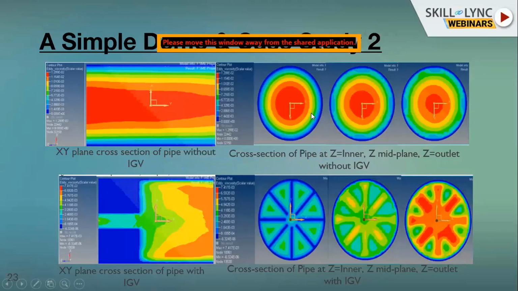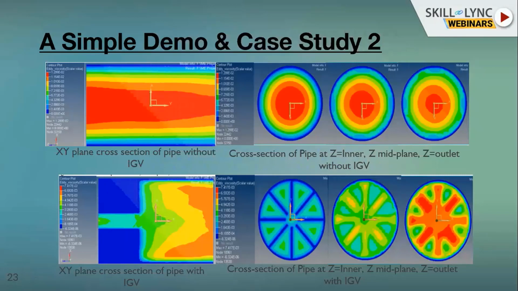Non-uniformity in the sense of the velocity before entering the centrifugal fan, the velocity at the mid plane, and the velocity at the outlet of the centrifugal fan. You can see here, when you use the inner guide vane, the velocity increases drastically from entrance to exit.